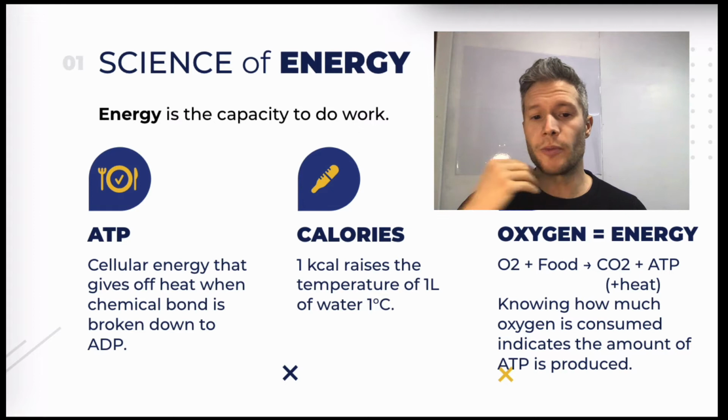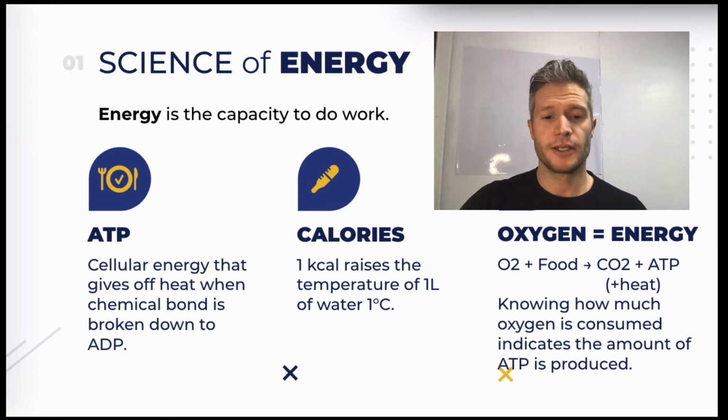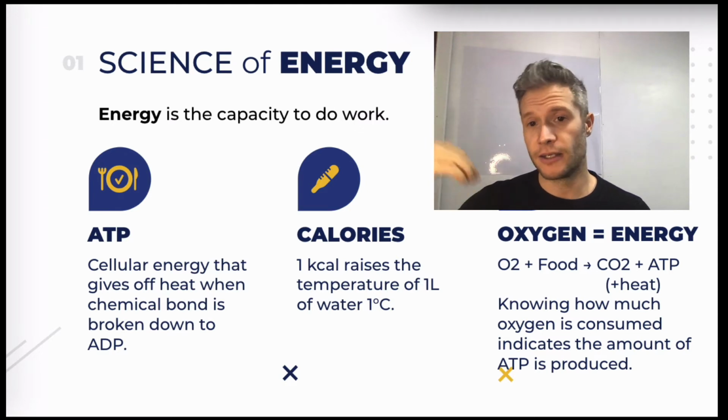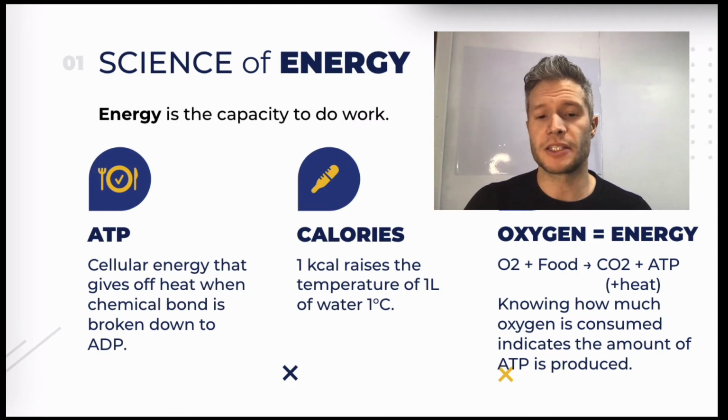When we go through aerobic respiration or cellular respiration at an aerobic level, we can correlate. We know fairly finitely, if we have X amount of oxygen coming in, based off of our RER, or what sort of fuel is being used, we have X amount of ATP or X amount of energy being produced.